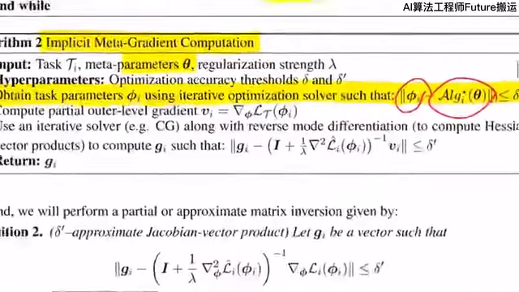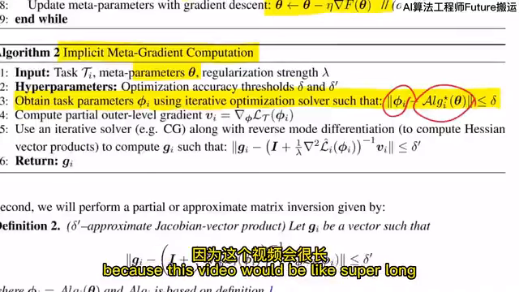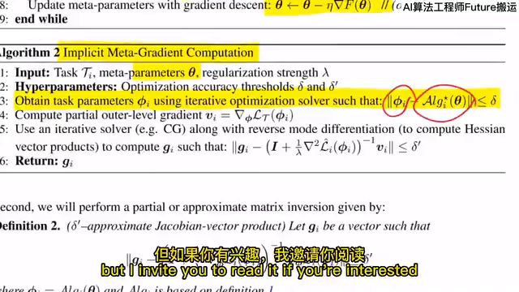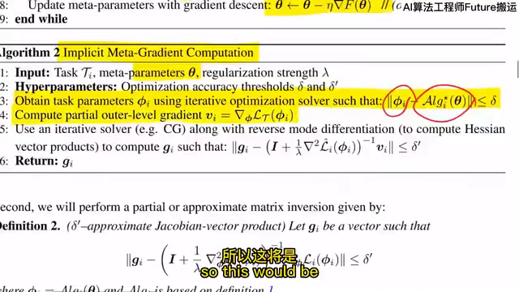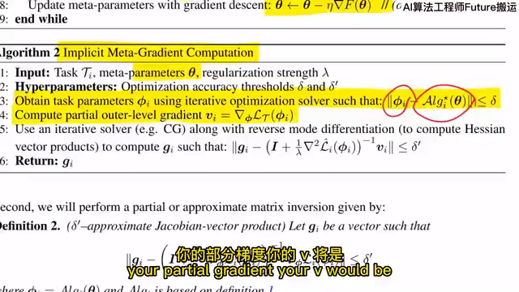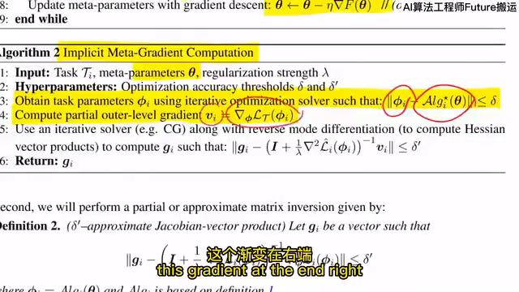That's pretty useful. And that's in the part of the paper that we won't go over because this video would be super long, but I invite you to read it if you're interested. Then you compute the partial outer level gradient. So this would be your partial gradient, your V would be this gradient at the end, right?